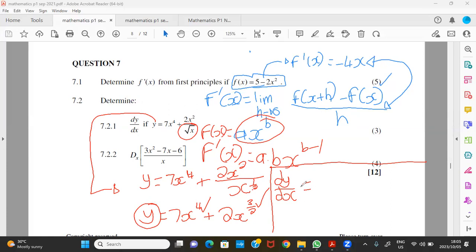So dy over dx is going to be 4 times 7, that's 28x to the power of 3, plus 3 over 2 times 2, that's going to be 3x to the power of 3 over 2 minus 1, that's half. So now, here's our final answer. You get the idea now?